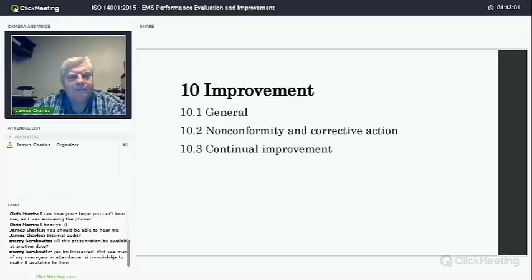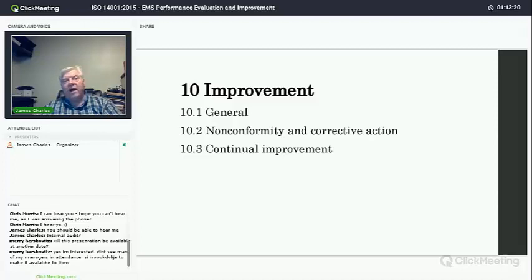It says we're going to improve. The thing that I like about this element is that they put corrective action into the improvement phase, which tells me that nonconformances are a good thing. Nonconformances drive improvement.